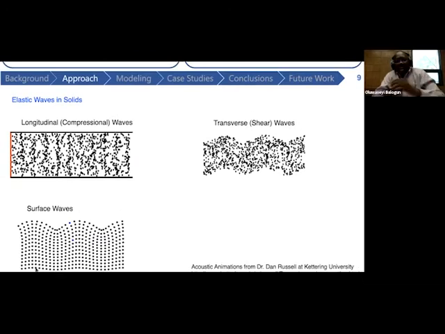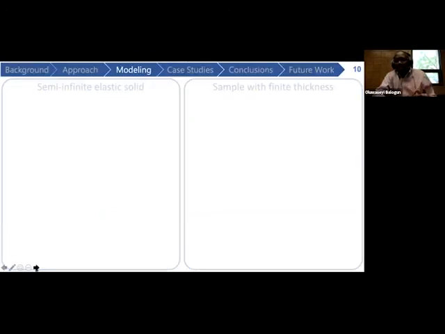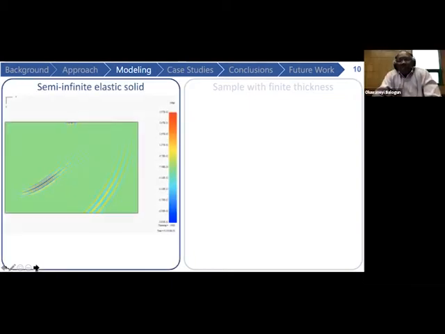So I want to talk about how we actually use these surface waves to quantify the viscoelastic properties of a soft material. If we take an example of a semi-infinite elastic solid, and then we strike that surface at a fixed frequency, we create a variety of waves. We create bulk elastic waves. The fastest traveling wave is a compressional wave, and that's trailed by the wavefronts of a shear wave.